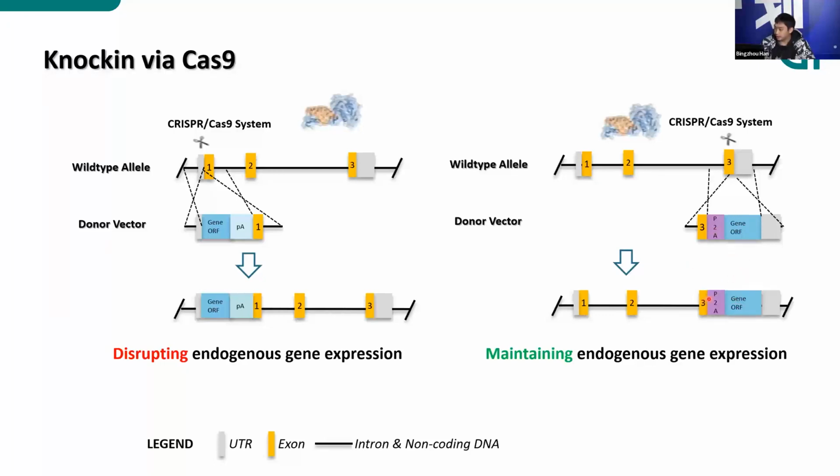In this case, because there is no upstream transcription termination sequence, the expression of the endogenous coding sequence could be maintained. And because of the linker sequence, like the 2A peptide coding sequence or IRES we add here, the downstream open reading frame could also be expressed. So this is a way of overexpressing another gene like a recombinase or reporter, and we could also maintain the endogenous gene expression in this manner.